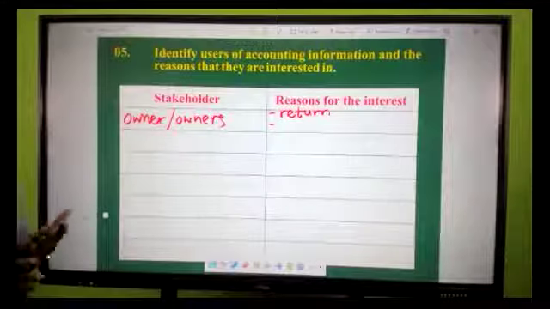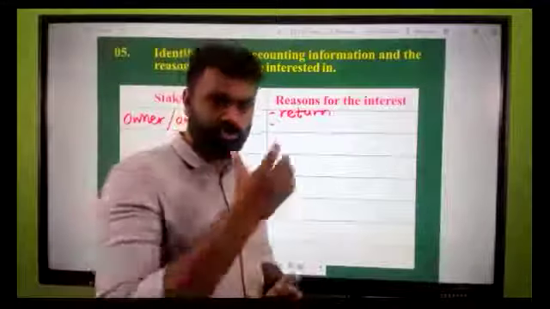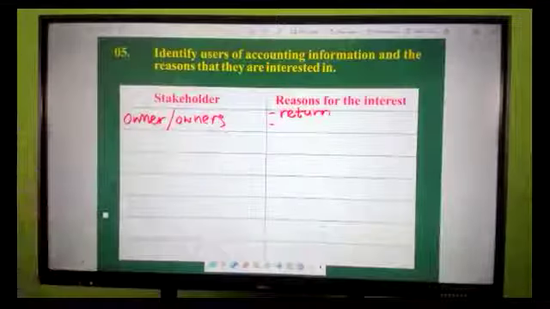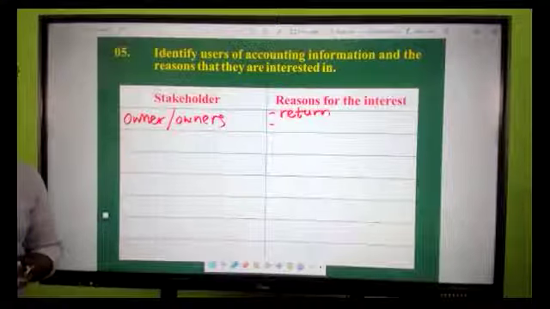They should know that because they are the owners, they are the capital providers. Why do they provide capital? To expect a fair return. So they should make sure whether their investment is profitable or not.